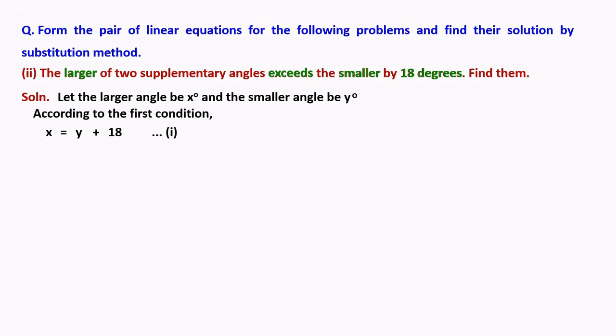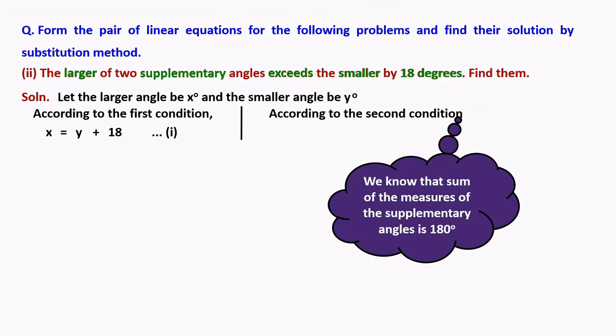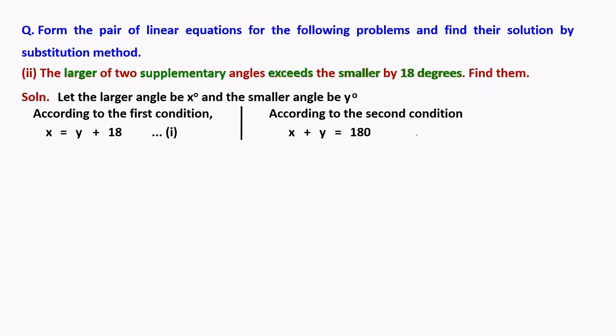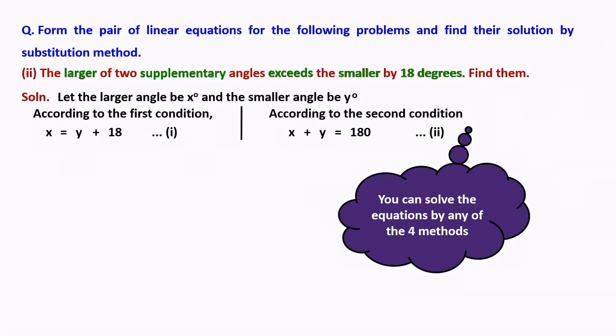Now, using the second condition, we know that the sum of supplementary angles is 180 degrees. So, we get x plus y equals 180. Now we have two equations. x equals y plus 18 and x plus y equals 180.